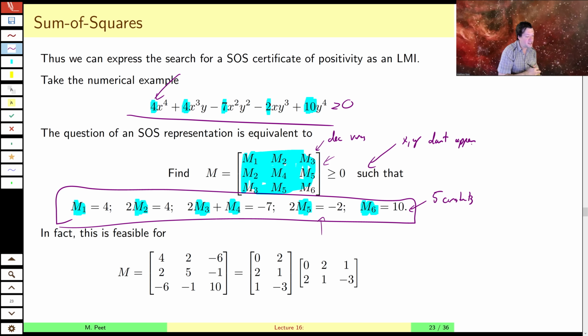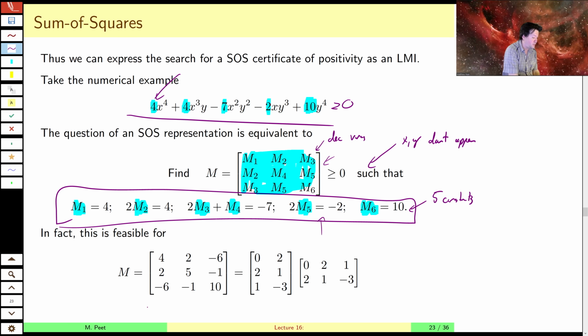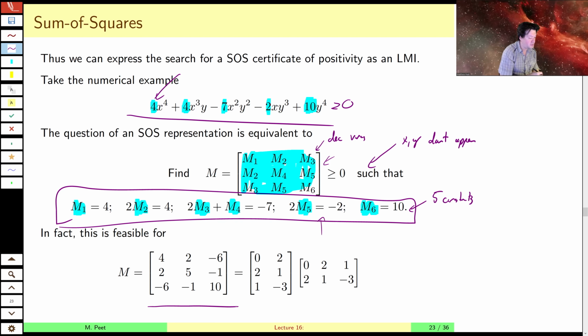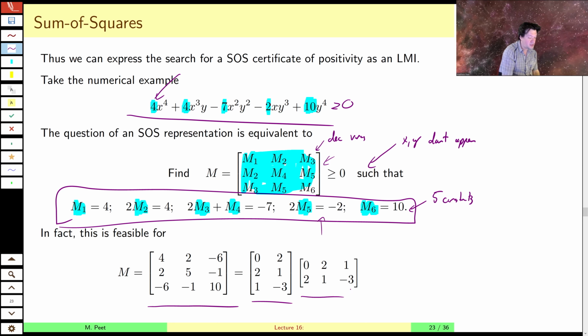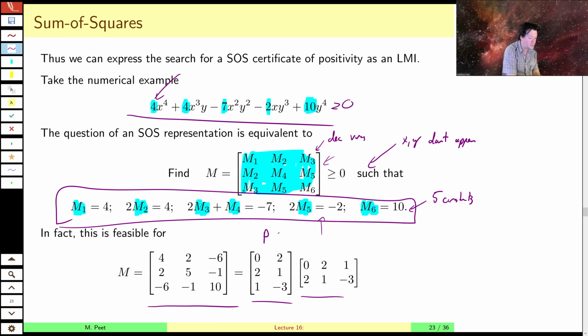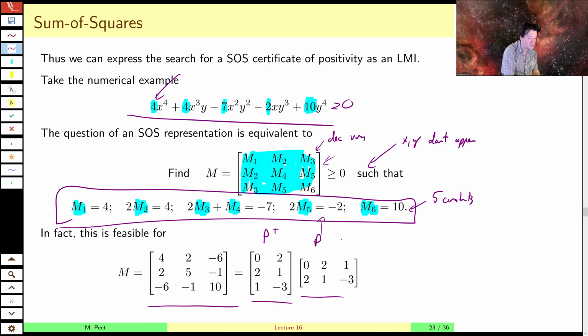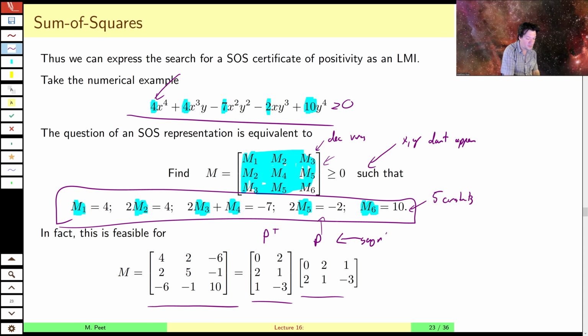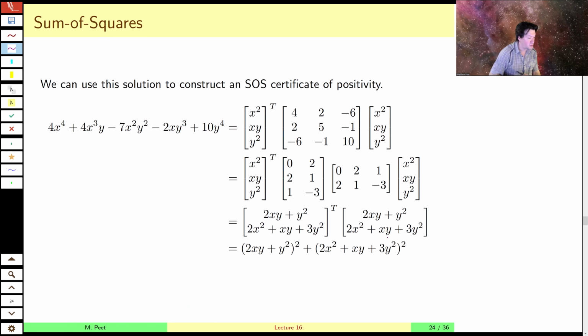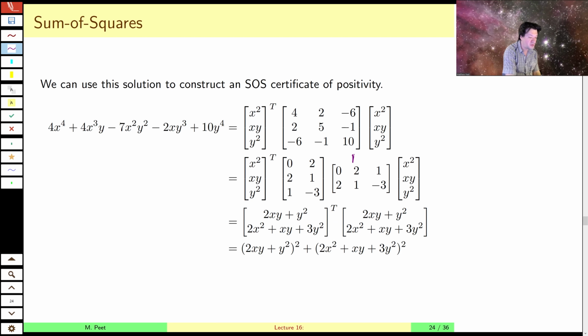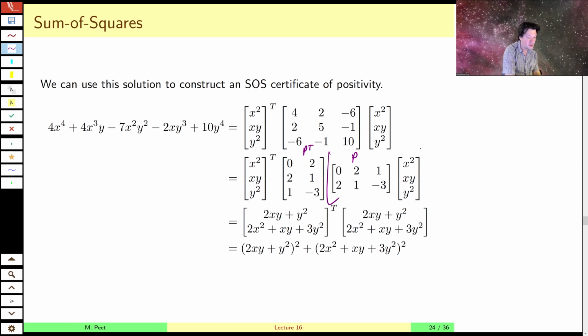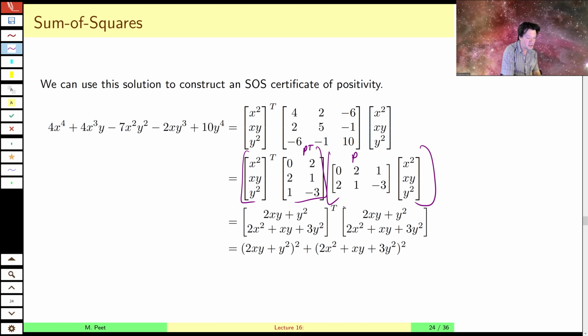This particular LMI is feasible, of course, and the positive matrix which enforces it is actually relatively simple. I can represent it using integers, which is convenient. We can find the square root of it using MATLAB, P transpose P. And then, of course, if we're so inclined, we can construct that squared certificate by taking that square root, multiplying it out on the left and the right, to get these vectors.